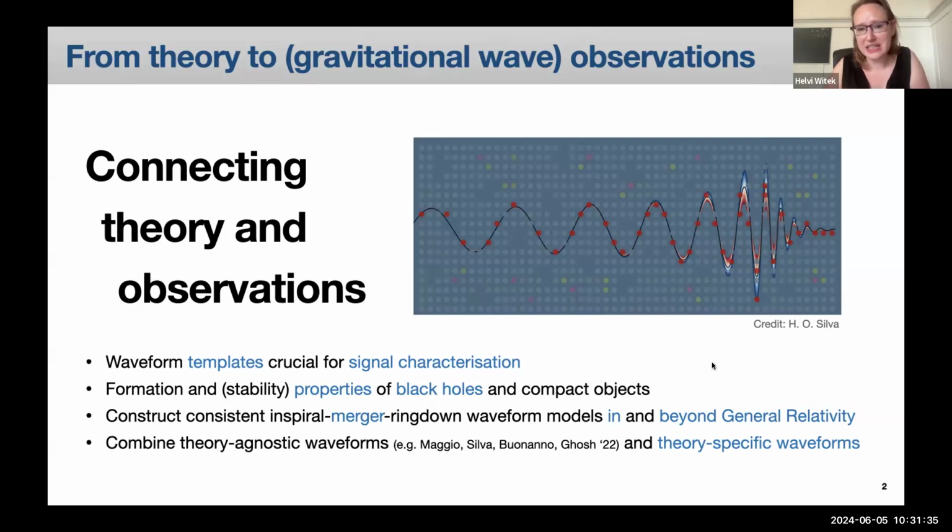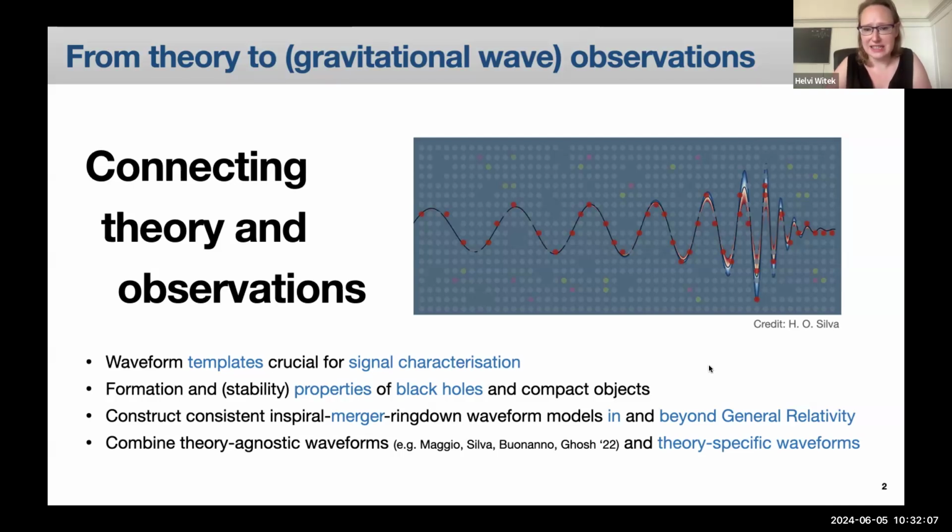Now, if we want to do that, we better also know very well how such a gravitational waveform looks theoretically. And to do that, we need both a consistent modeling of the in-spiral merger and ring-down signal in general relativity, in the large parameter space that we have in general relativity, and also in extensions thereof. And this is really crucial to build waveform templates to then characterize our signal.